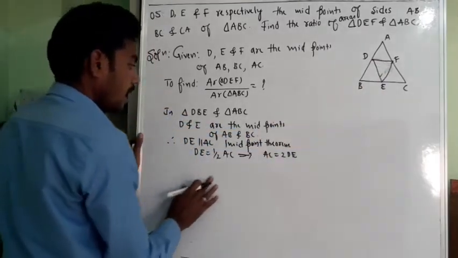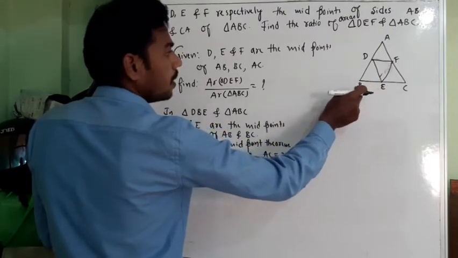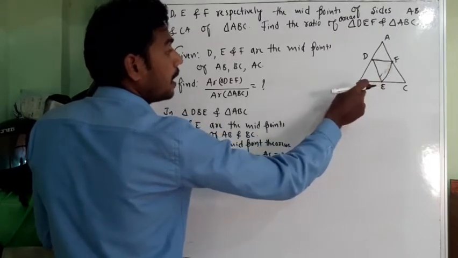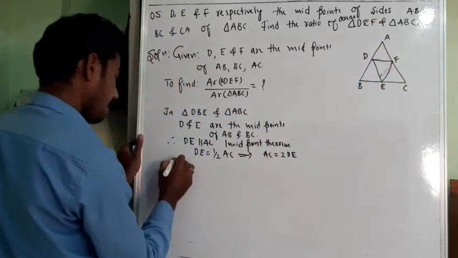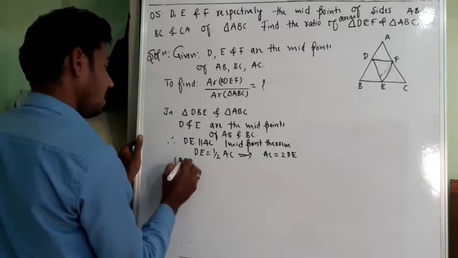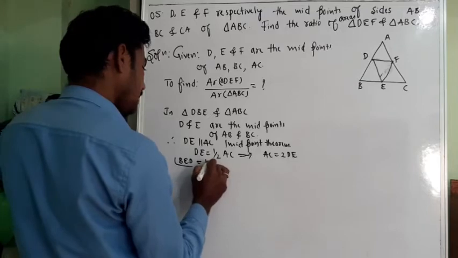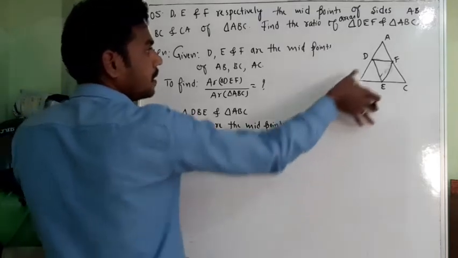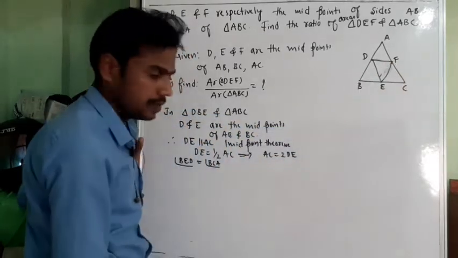Now, one more thing, what can I write here? See, angle BED is equal to angle BCA. Why? Since DE is parallel to AC, these two angles are corresponding angles.